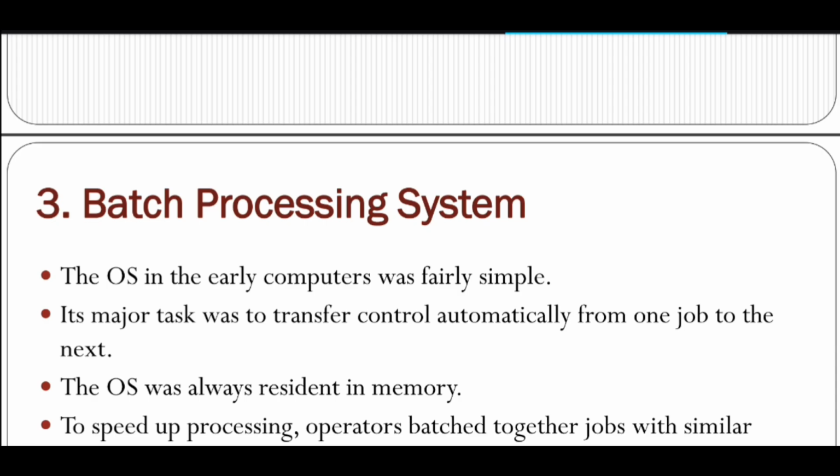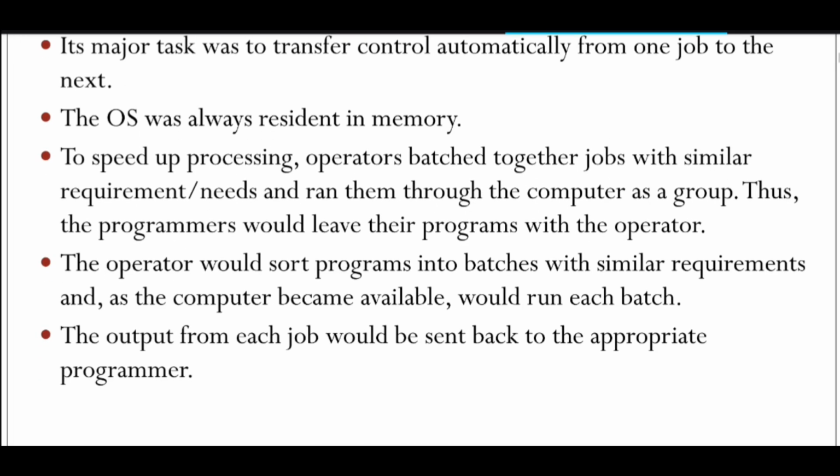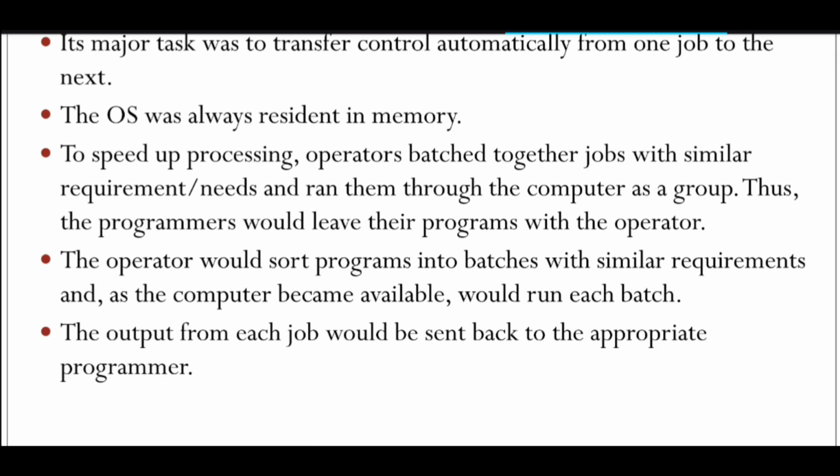In batch operating system, there is no introduction of CPU scheduling or process scheduling. CPU scheduling and process scheduling are not introduced in batch processing systems. Here are some notes.